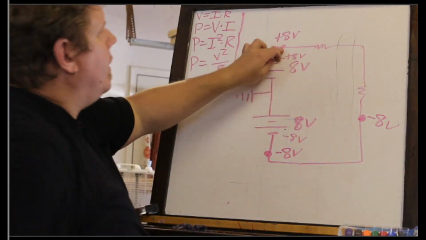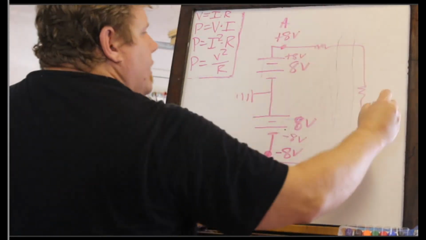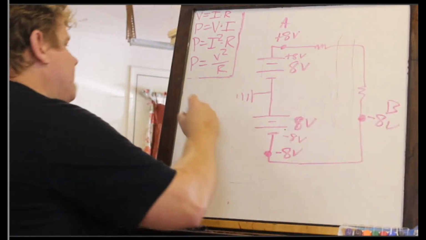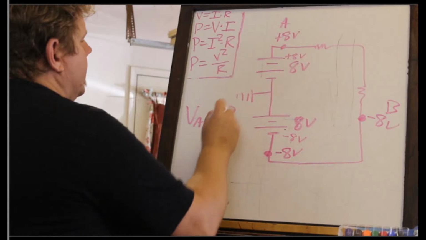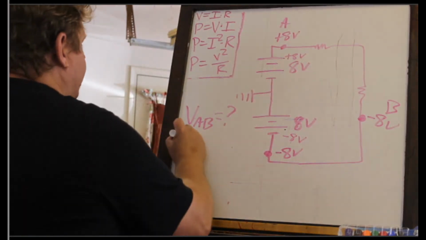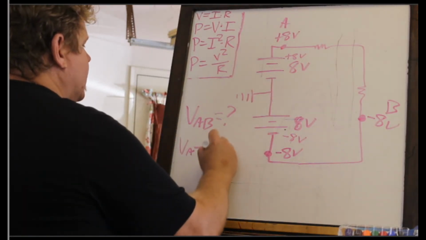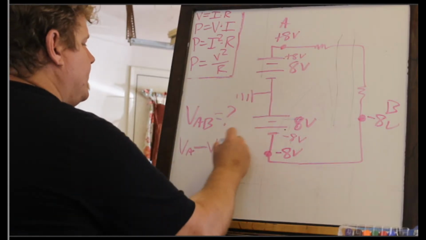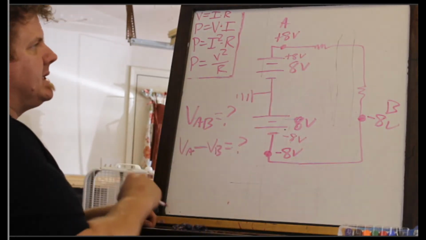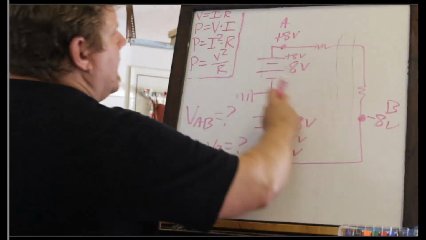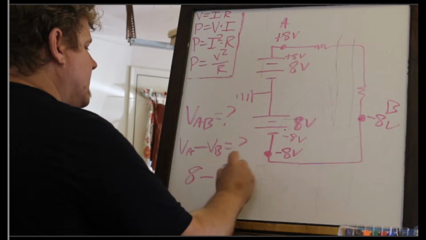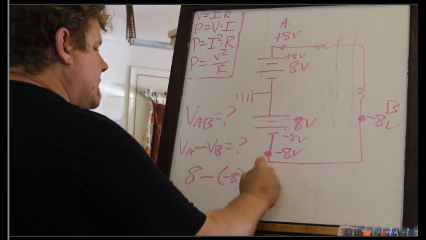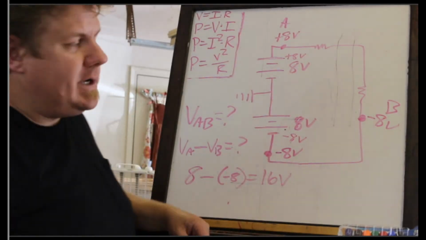So what is the total, if I call this node A and I call this node B, what is my total voltage between A and B, okay? What I mean by this subscript is the voltage of A minus the voltage of B. It's always the first subscript minus the second, okay? And so the total in this case is going to be 8 minus a negative 8, in which case I have 16 volts total in this circuit.